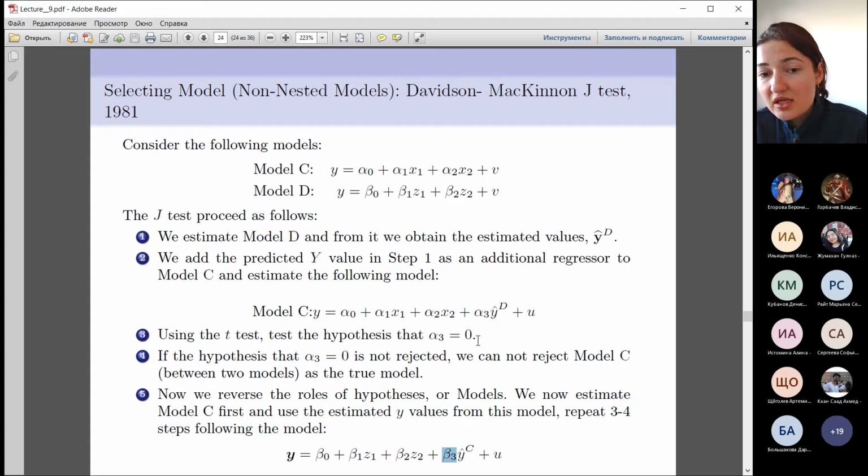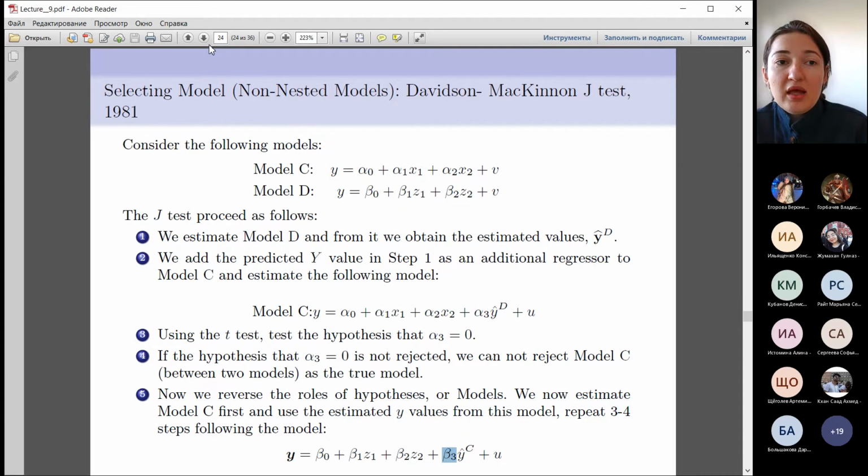And because of this, your null hypothesis here is that the coefficient associated with the fitted values from the second model equals 0. So it means that including more regressors from model D will not significantly improve the information about the relationship between the x variables, some factor, yeah, and your dependent variable.